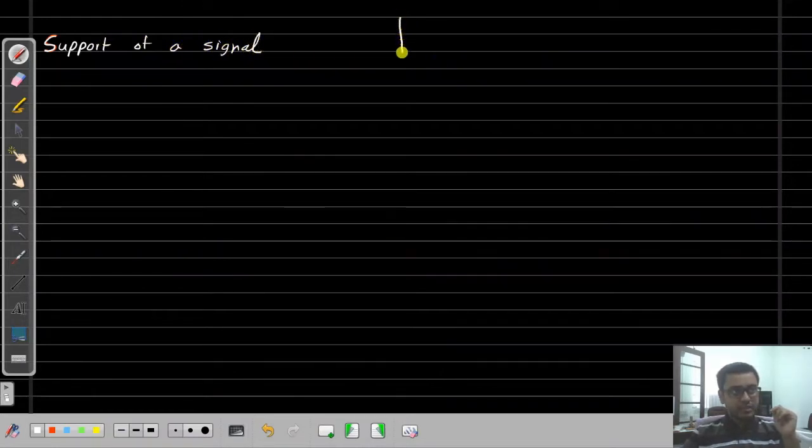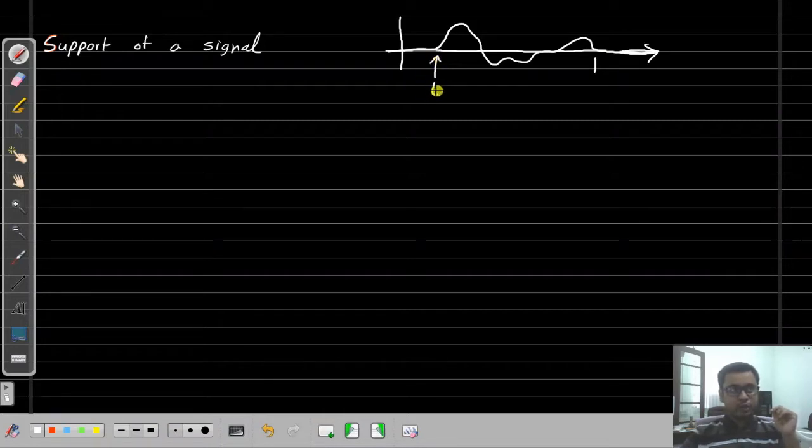Suppose a signal looks like this. It is 0 here up to this point, then here it is non-zero, and then it becomes 0 again. So this signal is non-zero within these two time limits.